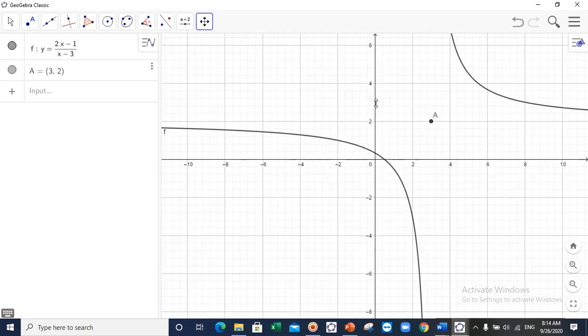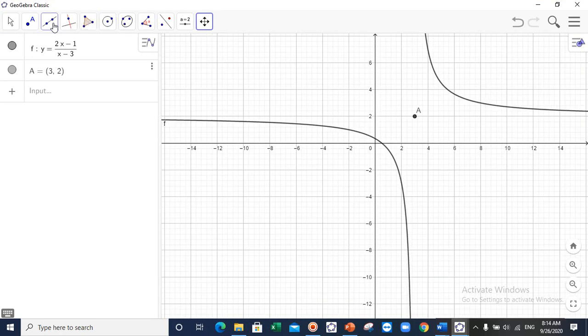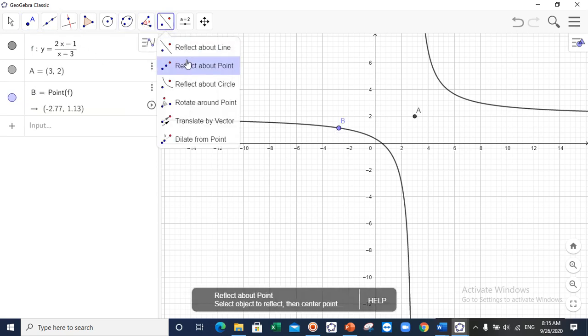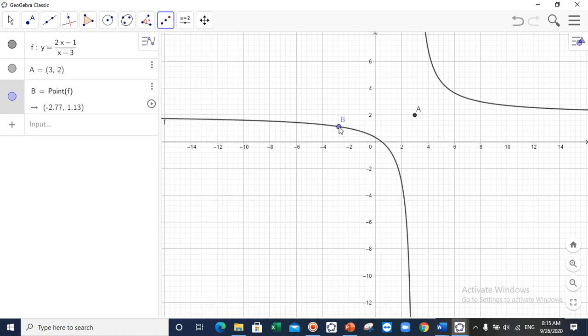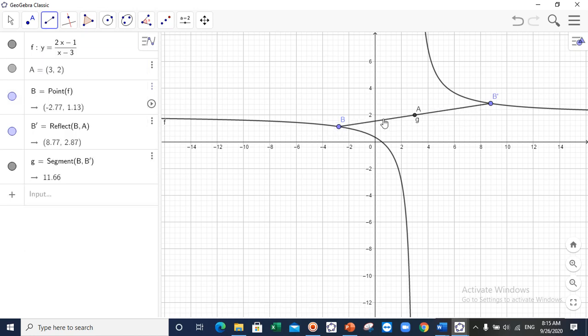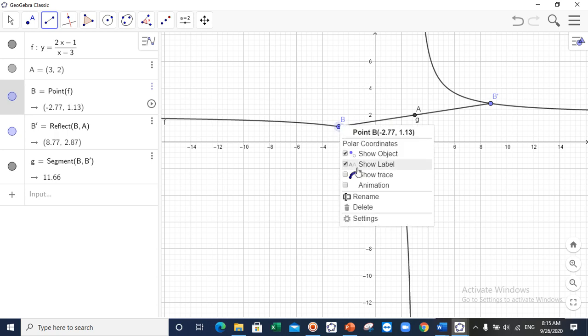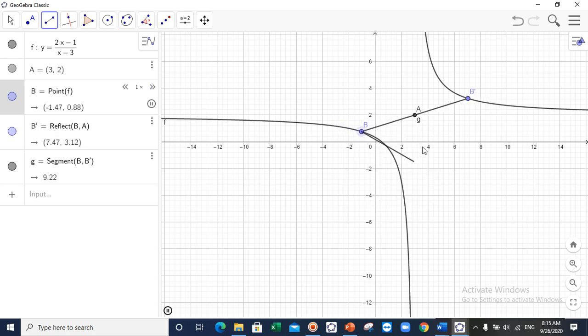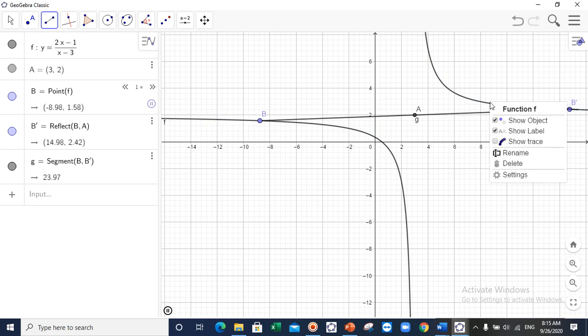If you can see, this is the center of symmetry of the curve. Why? Because if you pick any point here and you do the reflection above the point B to A, and you join the segment, and you do some animation here, as you can see, this is a center of symmetry.